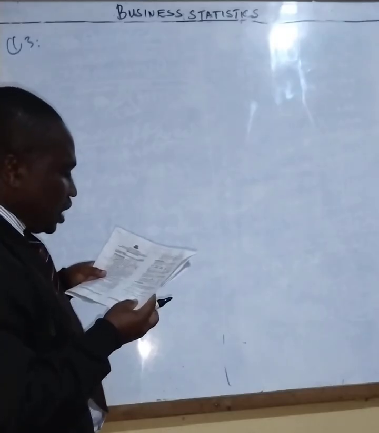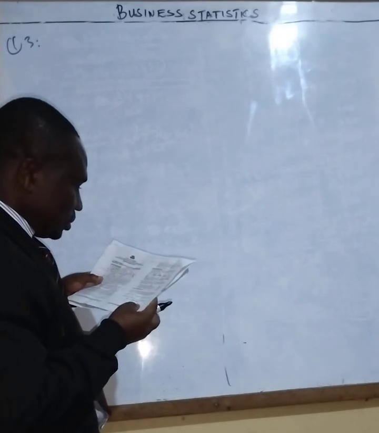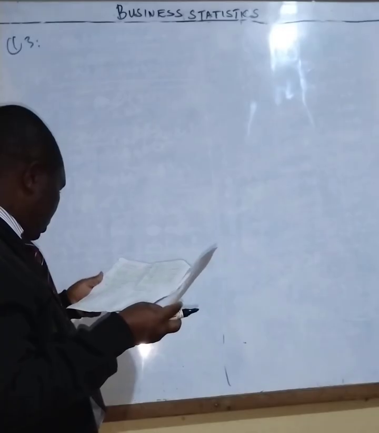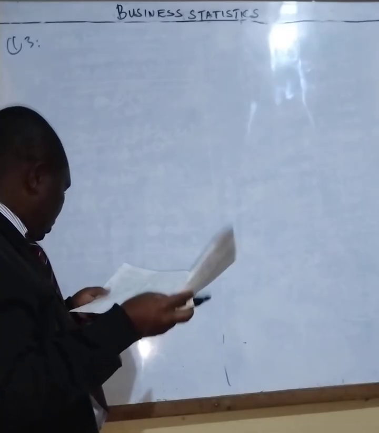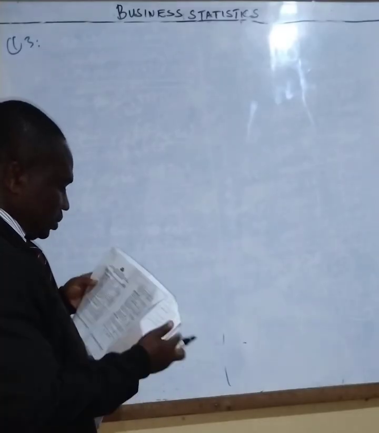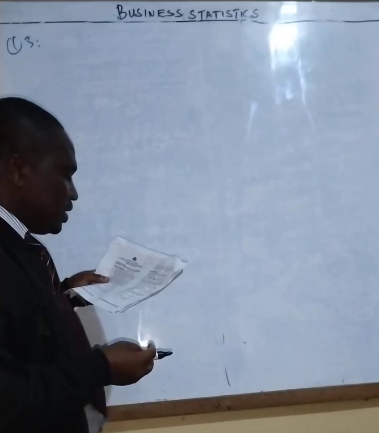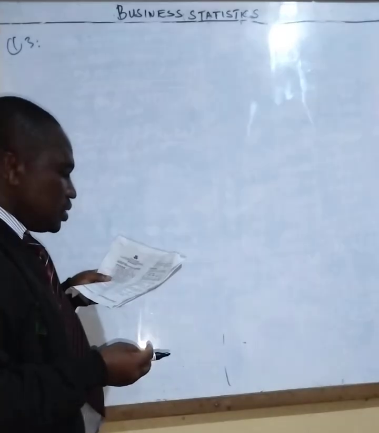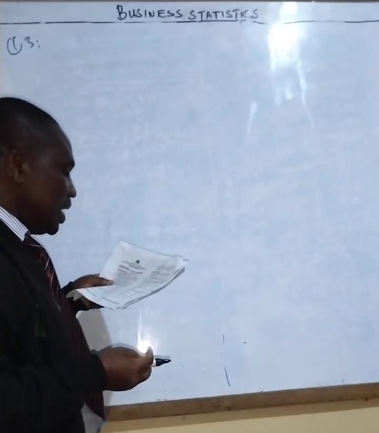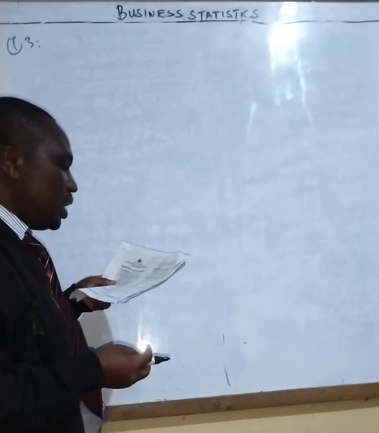Now let's see question 3. So this hypothesis that we have been given there is very important. It says, the trustee of a company's pension plan has solicited the opinions of a sample of the company's employees regarding a proposed revision of the plan.